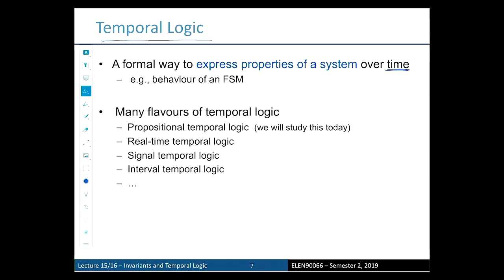And there are many different flavors of temporal logic. We have propositional temporal logic, which is what we will focus on today. There are real-time temporal logic, interval temporal logic, signal temporal logic, etc. But all of them try to do the same thing: they try to explain the behavior of a system over time using some very precise language.